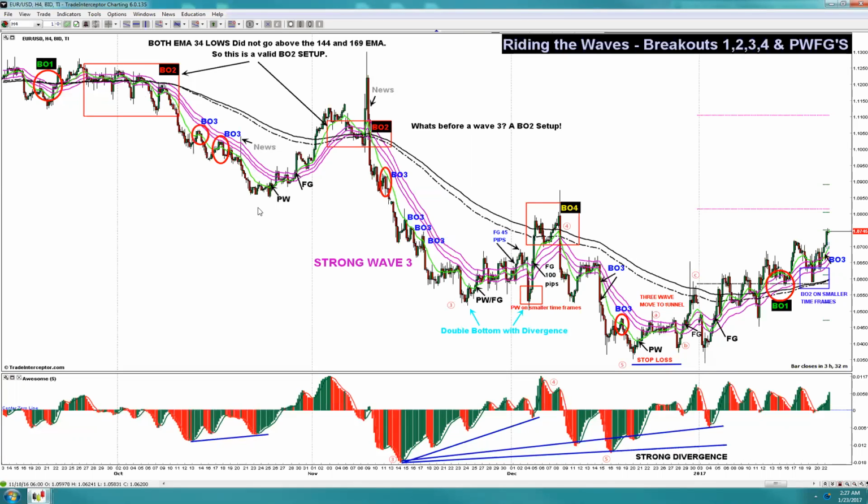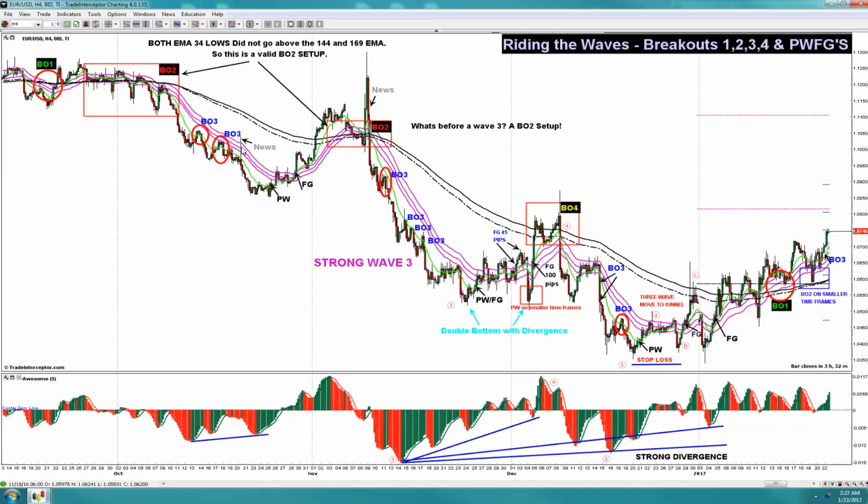Maybe we don't have enough candles on here. I'm not sure. It seems like we do. But we do have divergence. This is called bar divergence. We just don't go back to the 0 line here, so we don't have a proper wave 4 here.